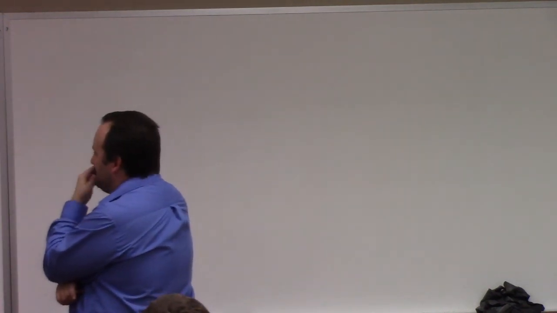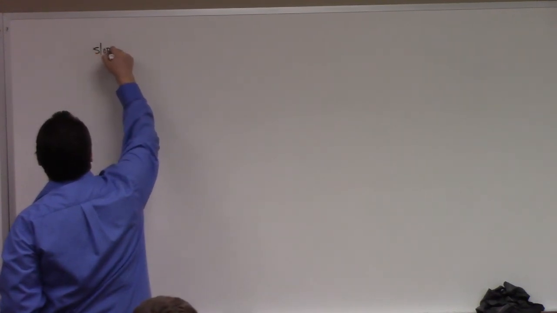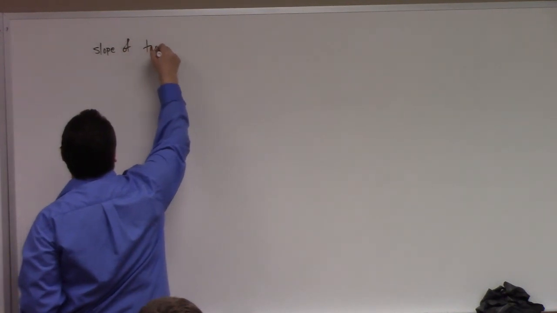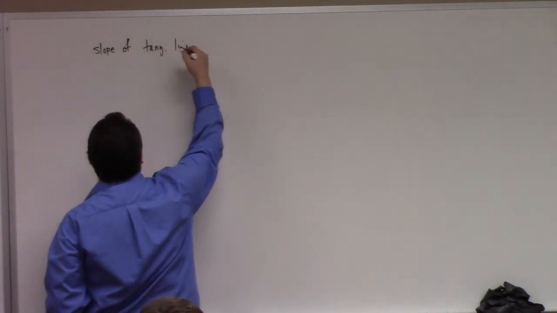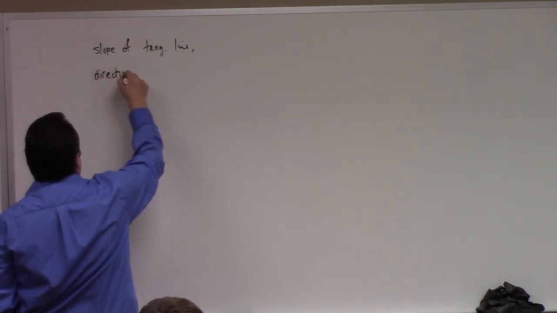I can do things that are perhaps helpful here. The slope of the tangent line, what is it? Or maybe better yet is the direction vector. To me that's more useful.